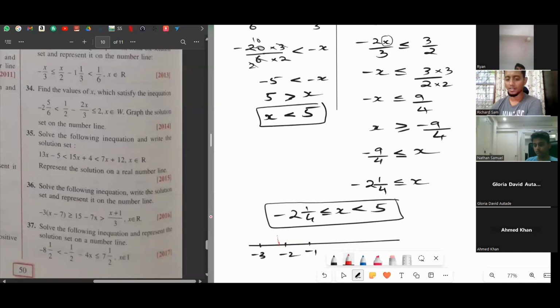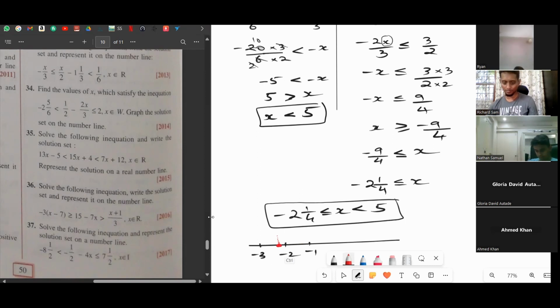And if it was real numbers, then you will put a black dot here and then like that. Understand? But if it is integers, then you don't need to worry about that. The first integer over here is where? Minus 2. So you don't need to draw these dotted lines or anything.